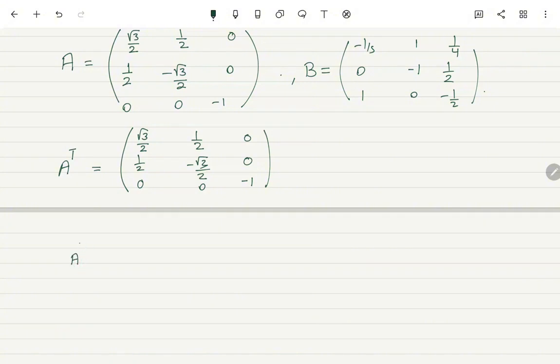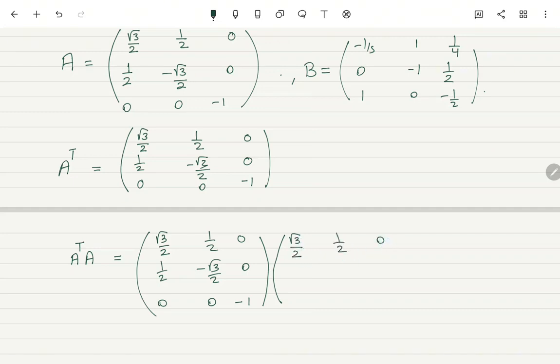Now A transpose A, let's find this one here: square root of 3 over 2, half, 0, half, minus square root of 3 over 2, 0, 0, 0, minus 1, times the original matrix, square root of 3 over 2, half, 0, half, minus square root of 3 over 2, 0, 0, 0, minus 1.